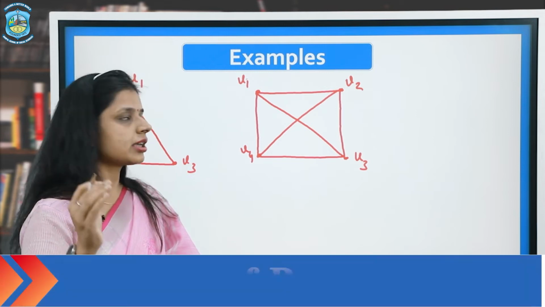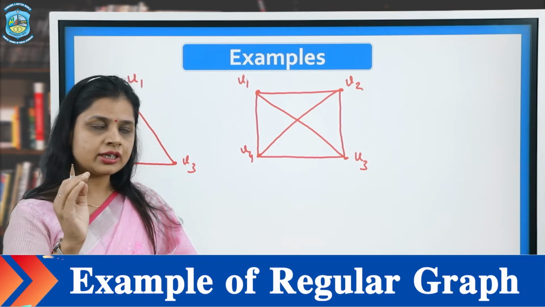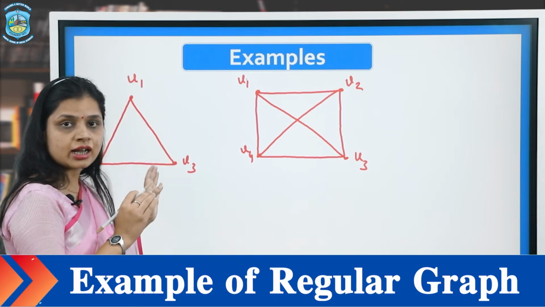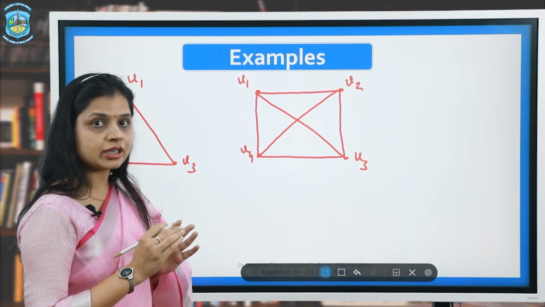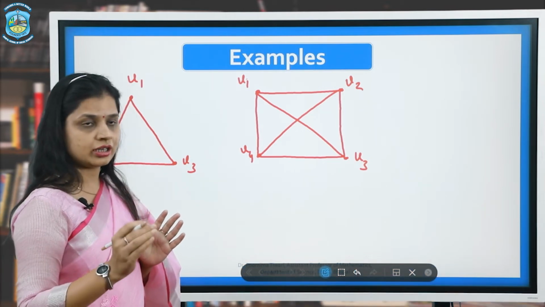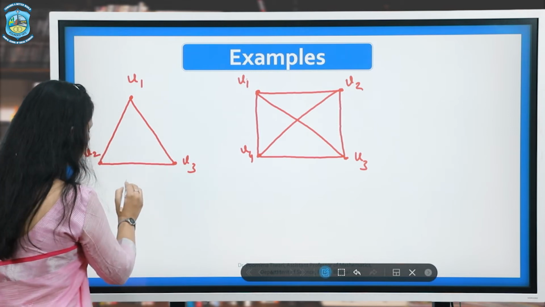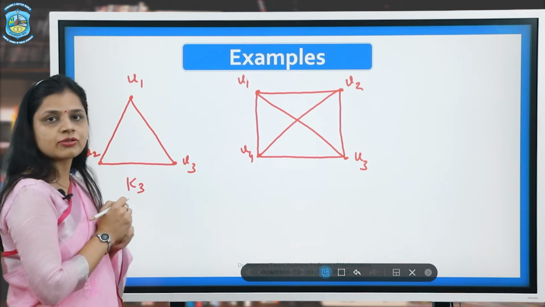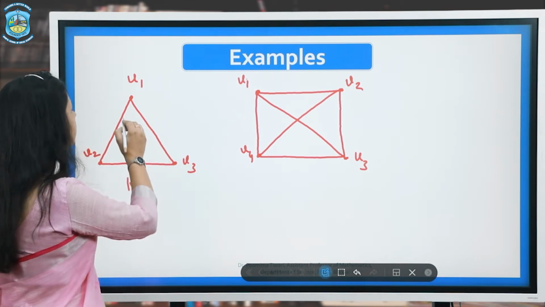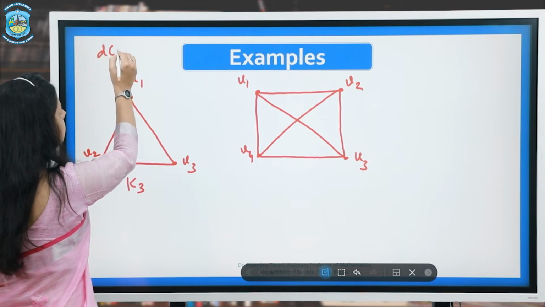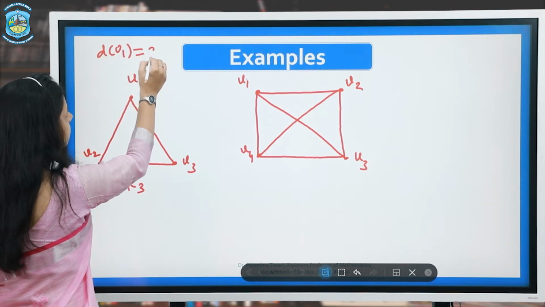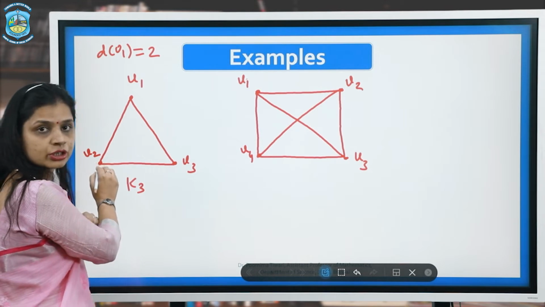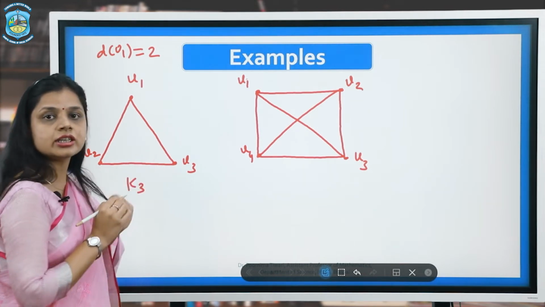Now, in the examples of regular graphs, we can see that the previous graphs that we drew for complete graphs are also regular graphs. If we talk about this K3, the complete graph of 3 vertices, you may notice that the degree of each vertex is 2. Degree of V1 is 2, likewise the degree of V2 is 2 and the degree of V3 is 2.